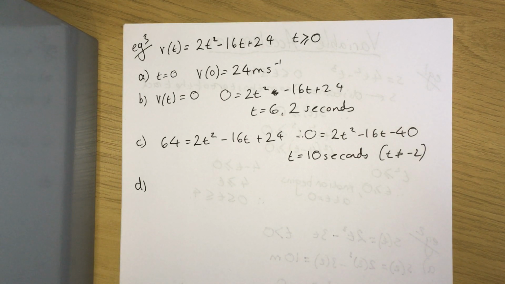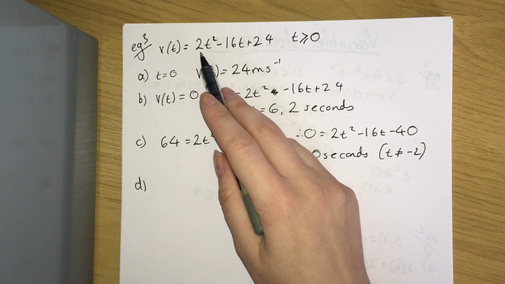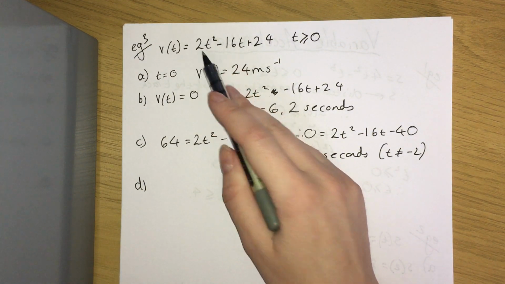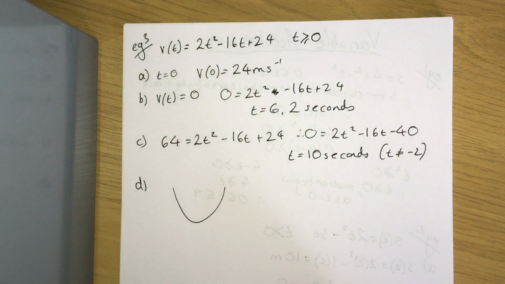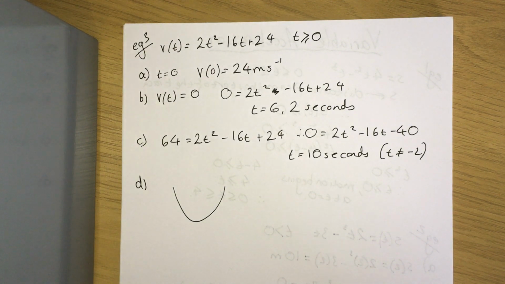Now, if you look at the general function, 2t squared, that's a positive quadratic. So we know that positive quadratics generally have that shape. So it's going to have a minimum point rather than a maximum. So we can't differentiate this point, okay?